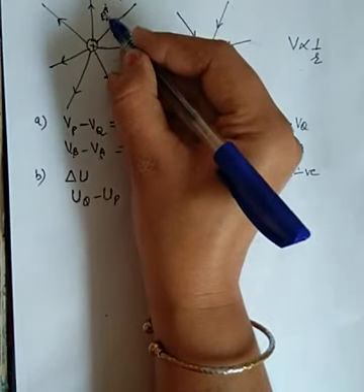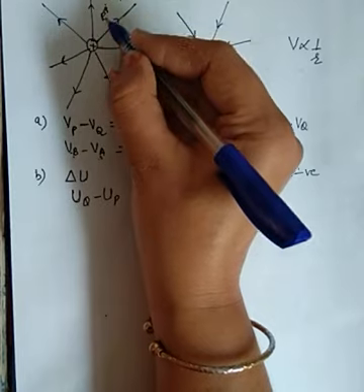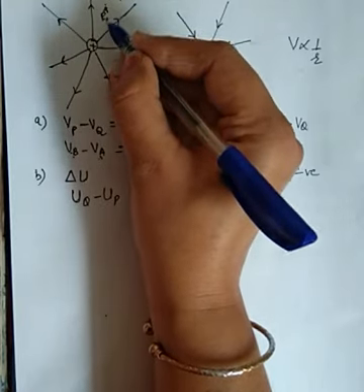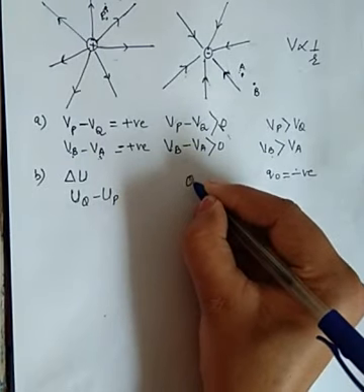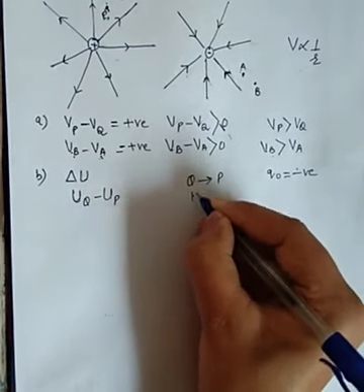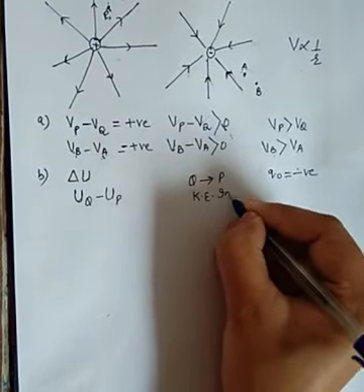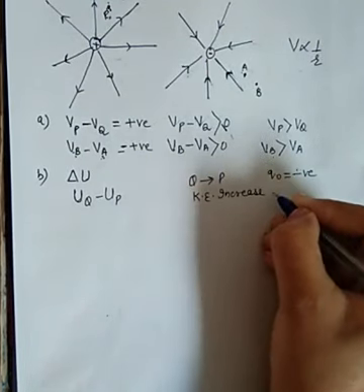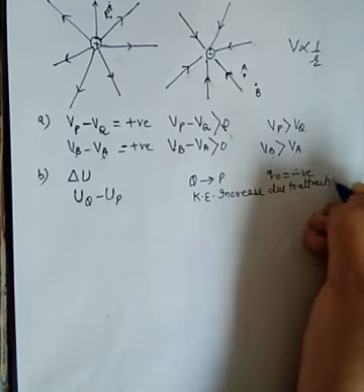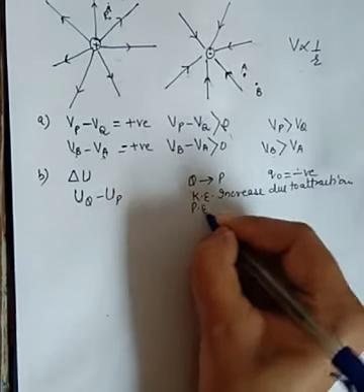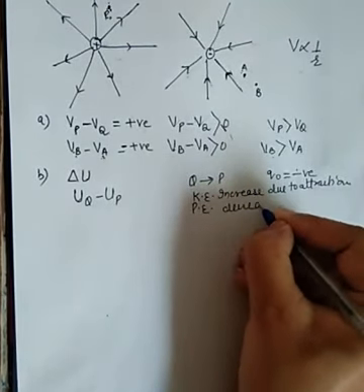So when it moves towards it, its kinetic energy increases, and potential energy decreases. It means from Q to P, kinetic energy increases. Why? Due to attraction. As kinetic energy increases, potential energy decreases.